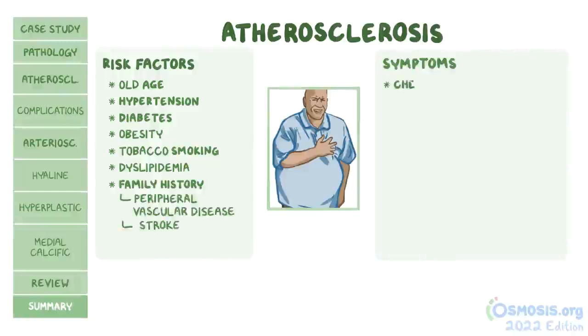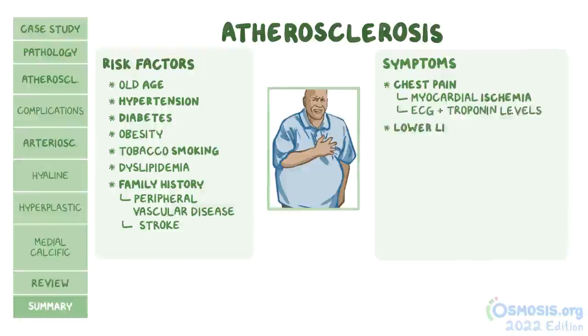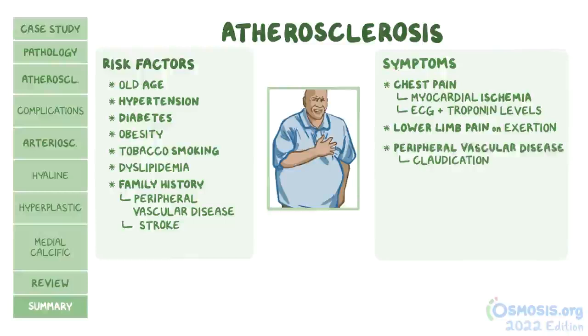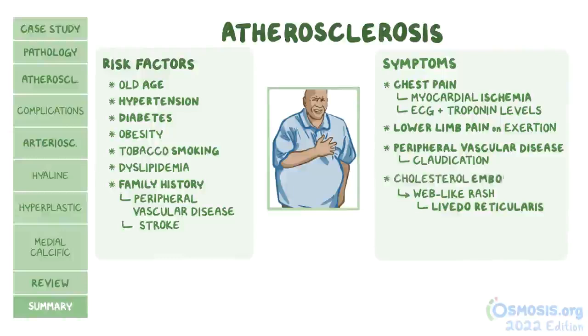Mikhail presents with chest pain characteristic of myocardial ischemia, which was confirmed by his ECG and troponin levels. His lower limb pain on exertion is characteristic of claudication, which is most likely caused by peripheral vascular disease. After his cardiac procedure, he developed a web-like rash that is likely livedo reticularis, indicating that this procedure was complicated by a cholesterol embolus.